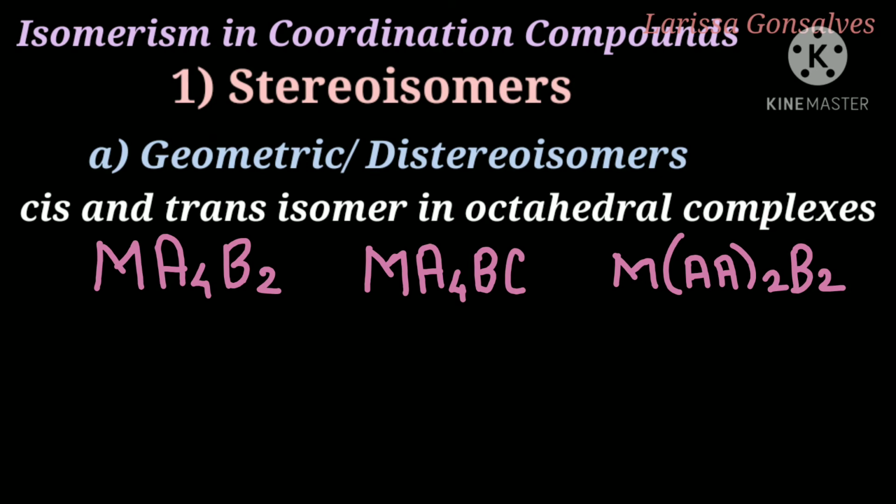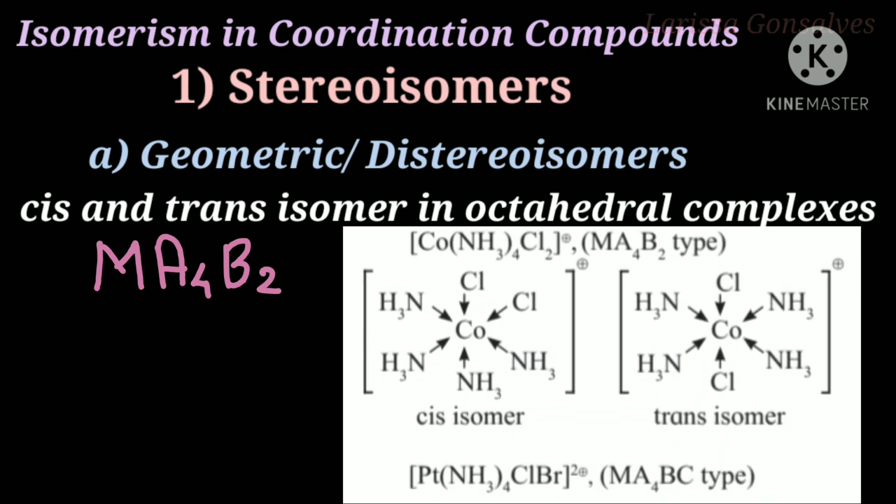Let us take the example of [Co(NH3)4Cl2]+, the coordination sphere raised to a plus charge. So the net charge on this coordination complex is +1. This complex is of the type MA4B2. Here M is the central metal ion, which is cobalt, NH3 is the A ligand and B is Cl.